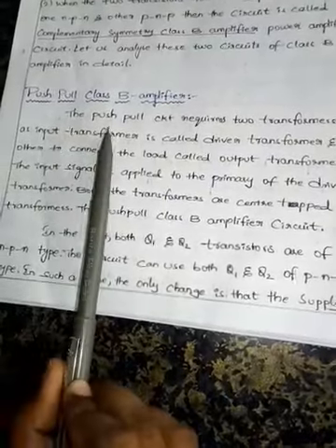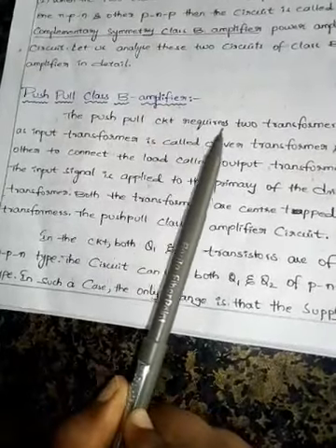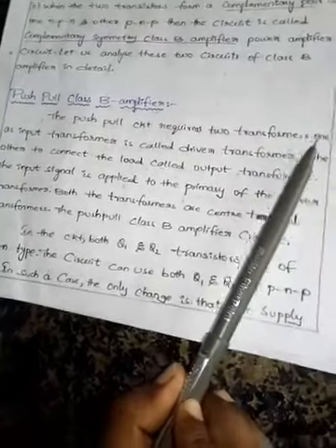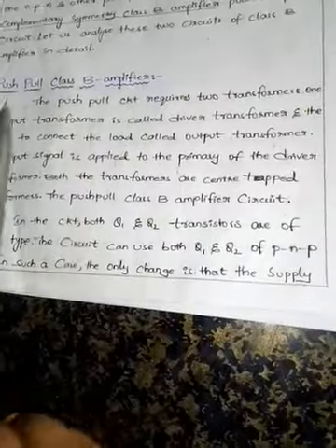In the case of the push-pull circuit we need to use two transformers, one at the input side and one at the output side.